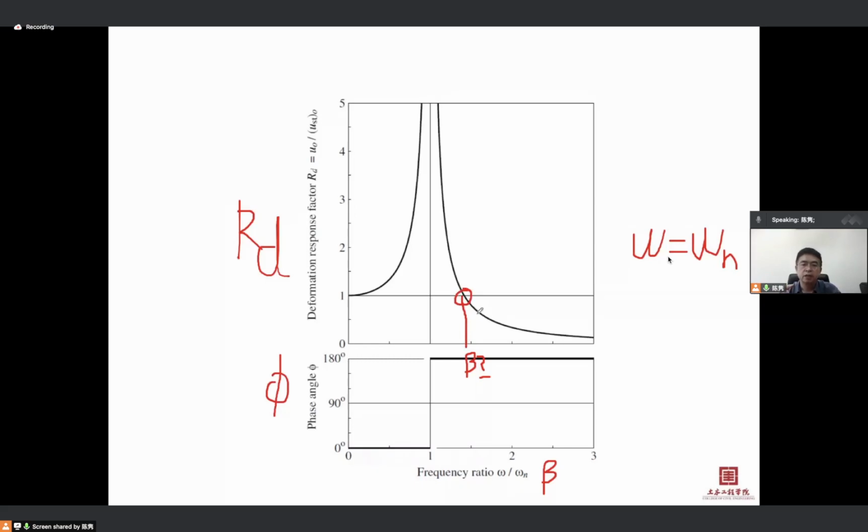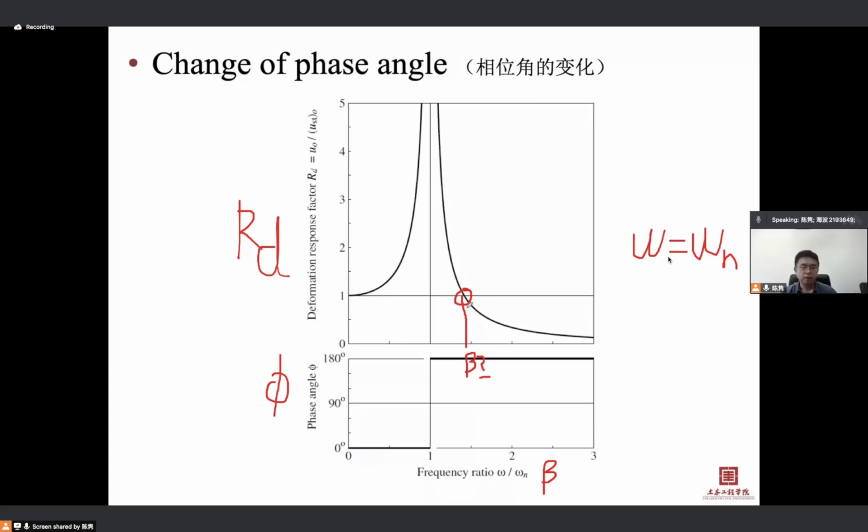Less than 1 means the dynamic deformation is less than the static deformation. And with the increase of omega, RD becomes smaller and smaller. So anyone give me an idea what this beta is? 1.5?